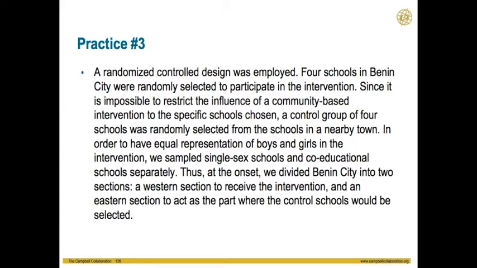In order to have equal representation of boys and girls in the intervention, we sampled single-sex schools and co-ed schools separately. Thus, at the onset, we divided the city into 2 sections, a western section which received the intervention, and an eastern section to act as the part where the control schools would be selected.